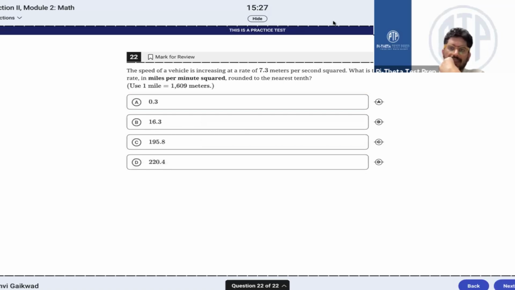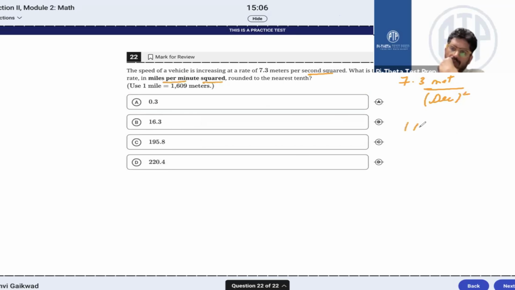The speed of the vehicle is increasing at the rate of 7.3. Now, you just read what they're telling you, right? They're telling you 7.3 meters per second squared. What is the rate in miles per minute squared?